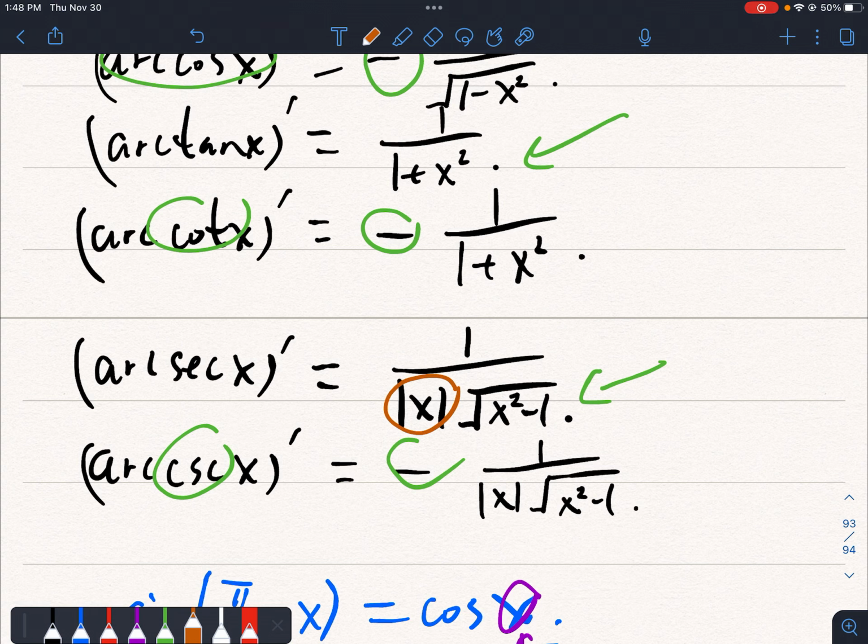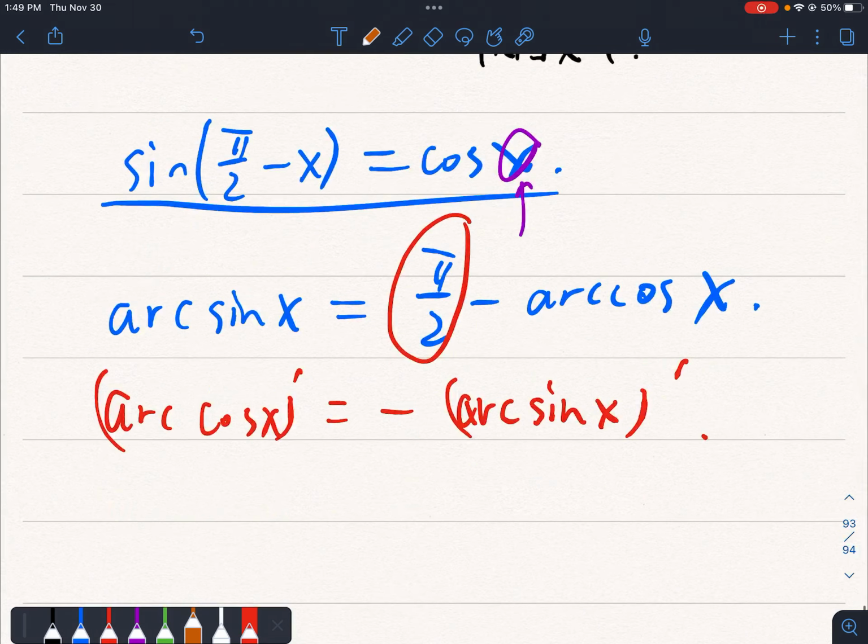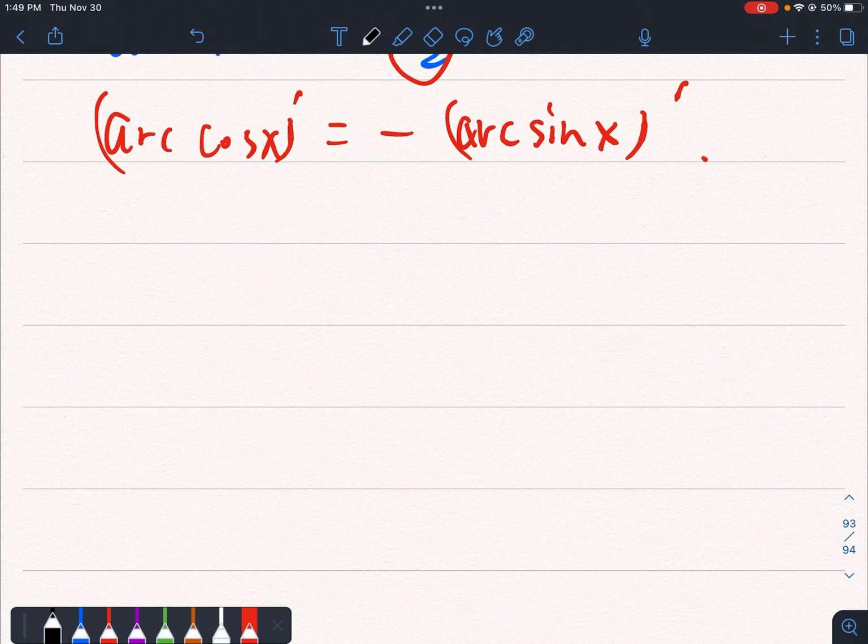Here it's always positive, but you cannot just simply write x. It's the absolute value of x, which means you have to be careful whether it's plus or minus, right? Up to this point, I have talked about basically almost all the proofs.